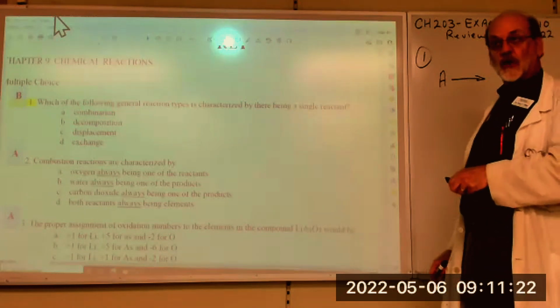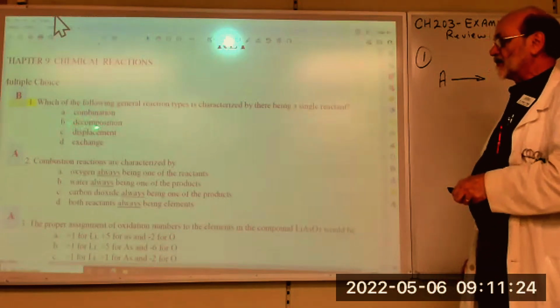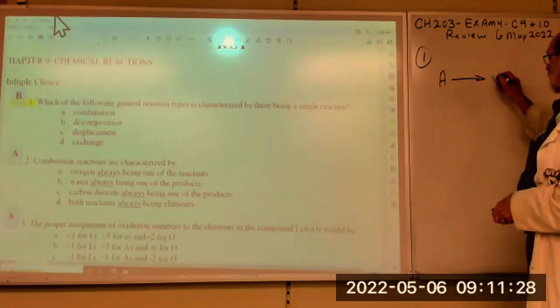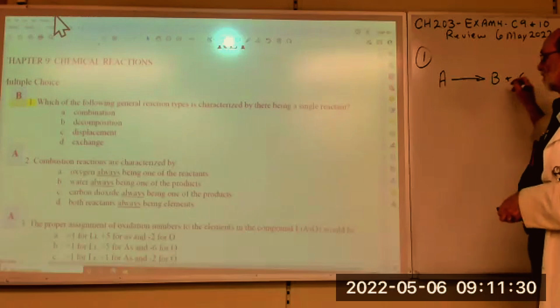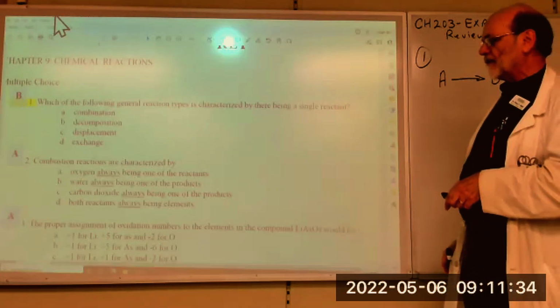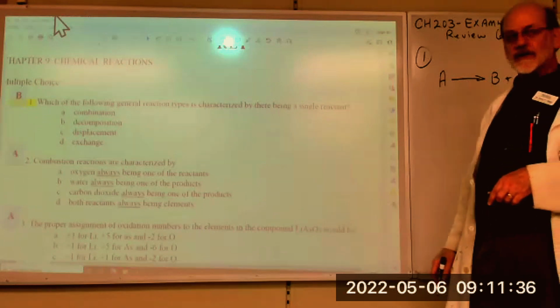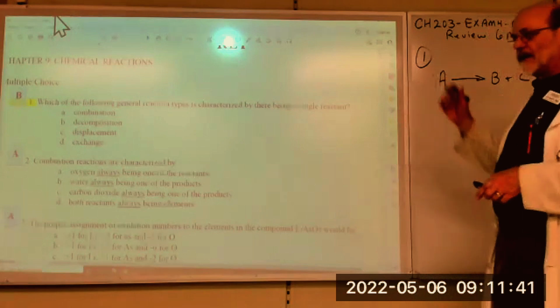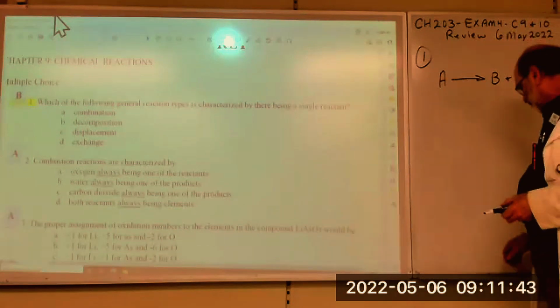You need two things or more. Decomposition looks like a candidate because this would make something else like a B and a C. Displacement, no, you need two items there also. Exchange, and you need two items there. Okay, so decomposition seems like a logical one.